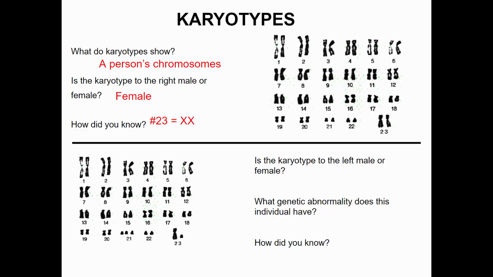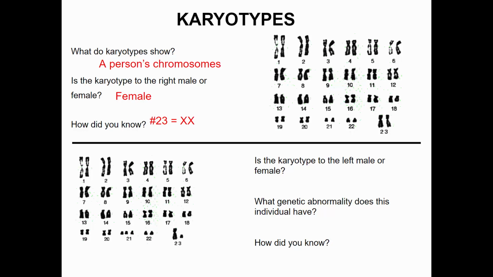Now, how is the Y chromosome different from the X? The Y is shorter. The X is this long chromosome, and this is the Y chromosome. The Y chromosome that males have doesn't carry very much genetic information. It's this tiny little chromosome.